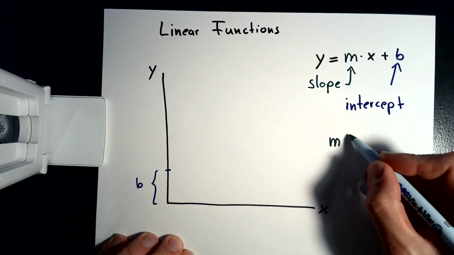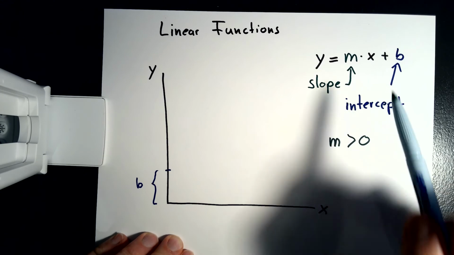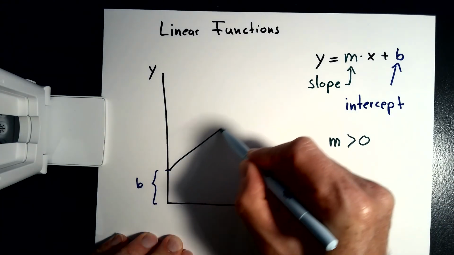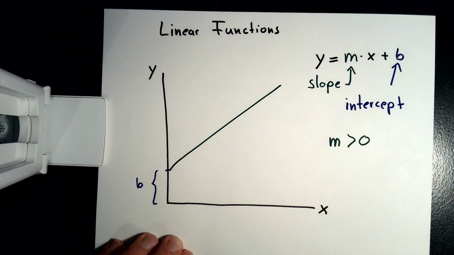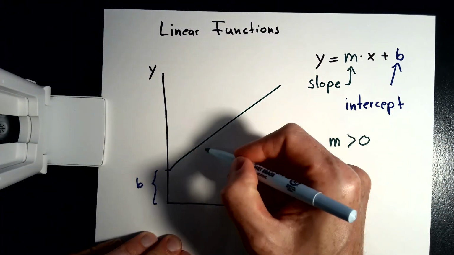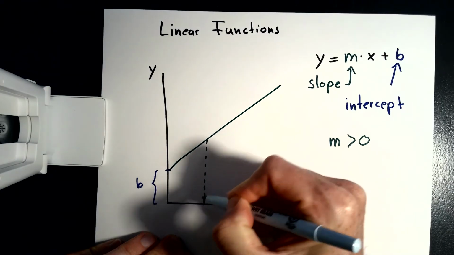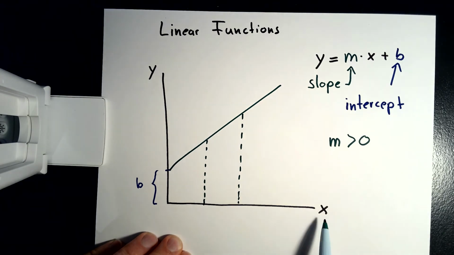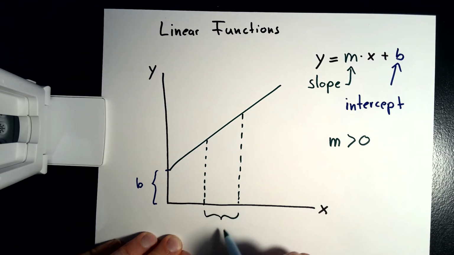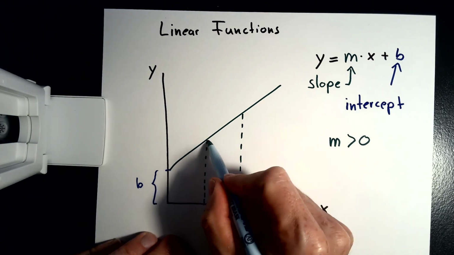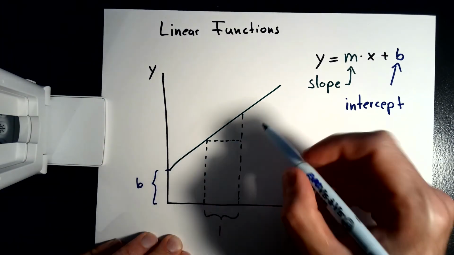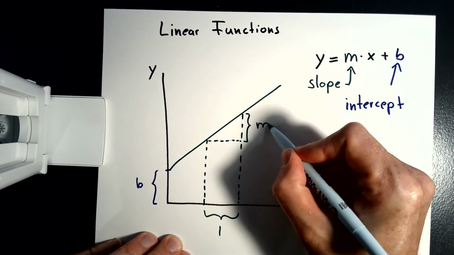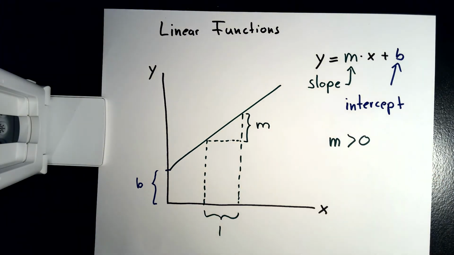A positive slope means that if x increases, y increases as well. Then we have a linear function. And the slope indicates that if x increases by 1, then y increases by m, or by the slope parameter.